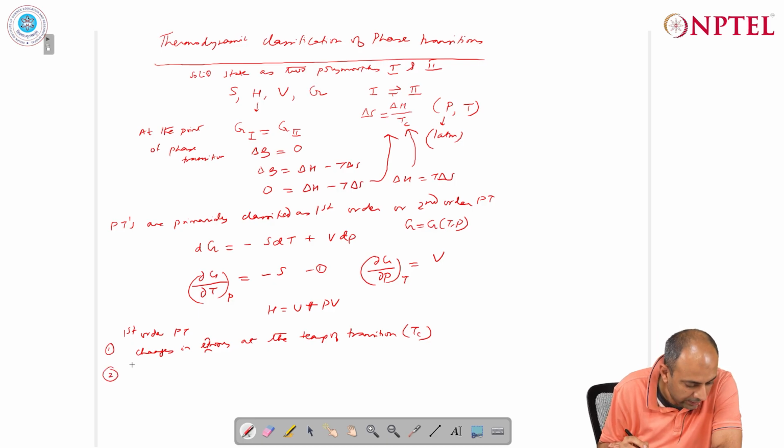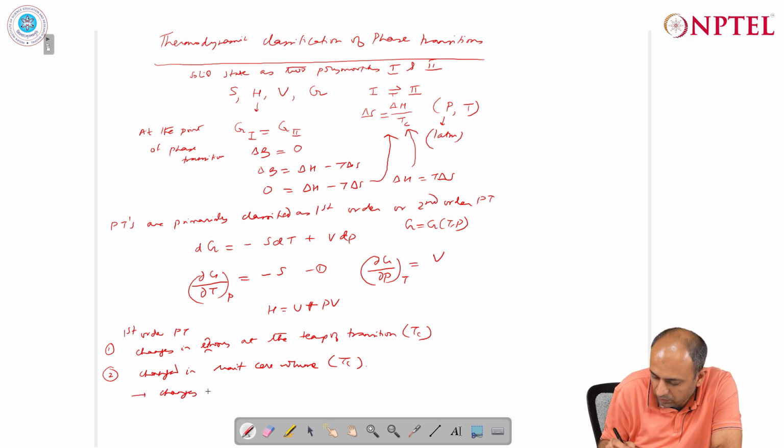It is also characterized by changes in unit cell volume at Tc, and this tells us that there are changes in the crystal structure between the two polymorphs, 1 and 2.